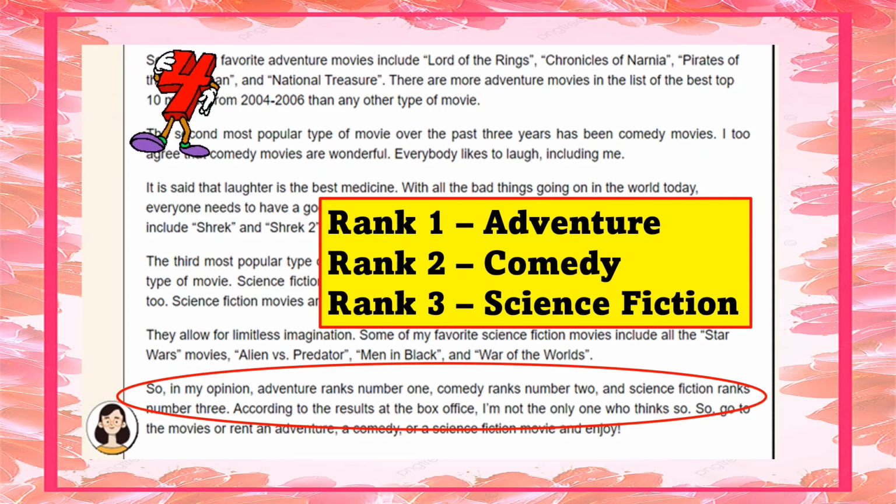For question number 4, the author's ranking of her 3 best movie genres based on picture number 1 are as follows. Rank 1 is adventure, rank 2 is comedy, and rank 3 is science fiction.